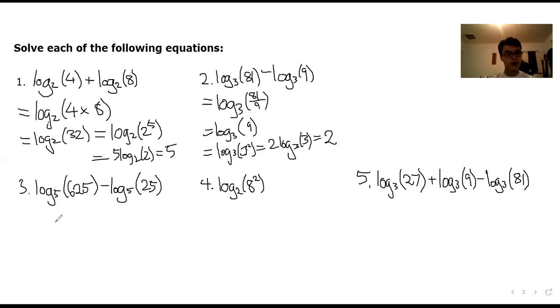Alright, so next question, it's pretty much the same as question 2 in terms of the log laws that we're using, because we're subtracting 2 logarithms from the same base. So again, we're going to use log law 2 for this one. So it'll be log with base 5, and then in brackets, log 625 over 25 with base 5.